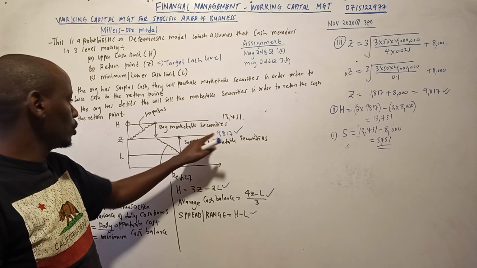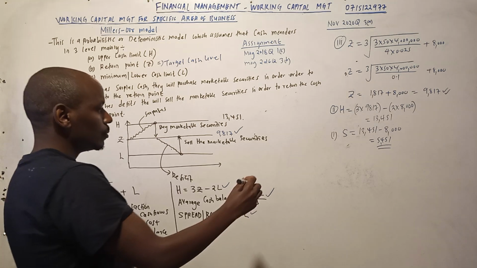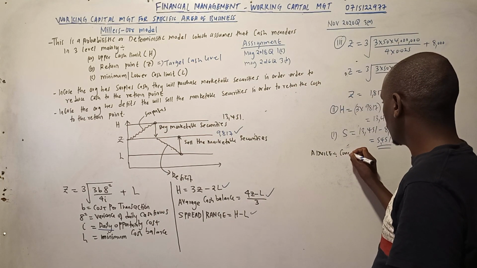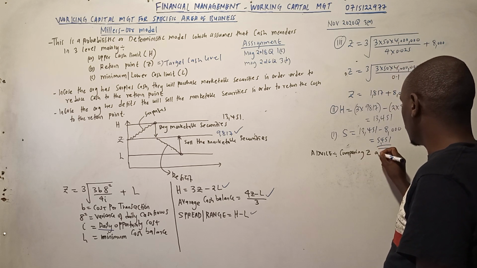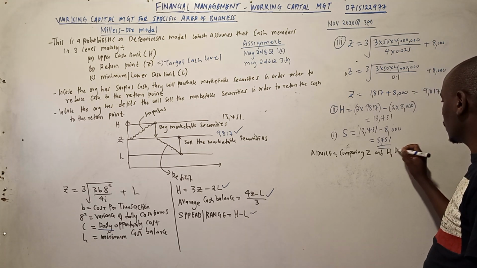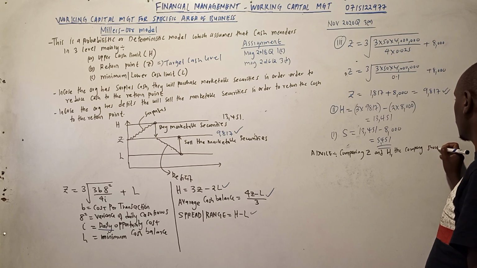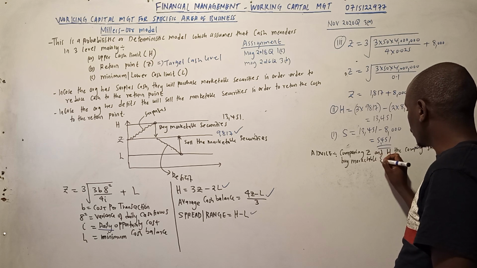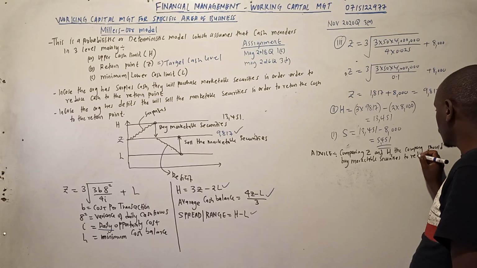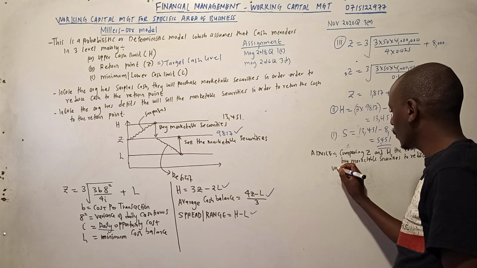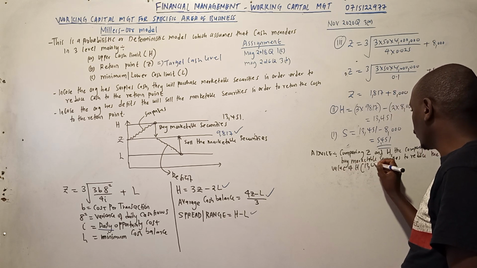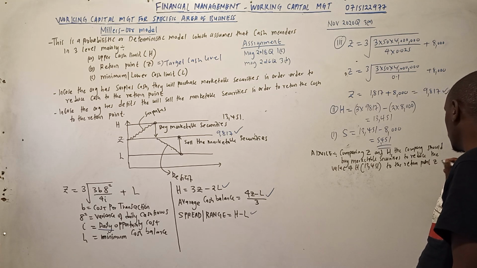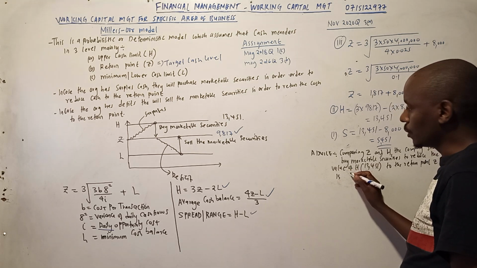So are we supposed to sell or buy? If you are to give advice basing on Z in comparison with H, the company should buy marketable securities to reduce the value of H, which is 13,451, to the return point Z, which is 9817.